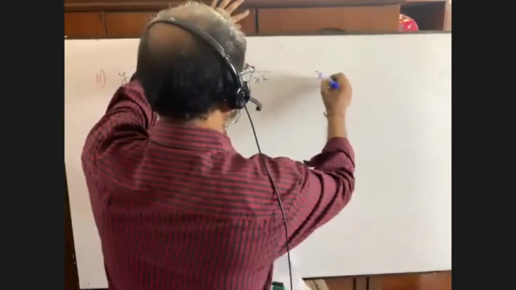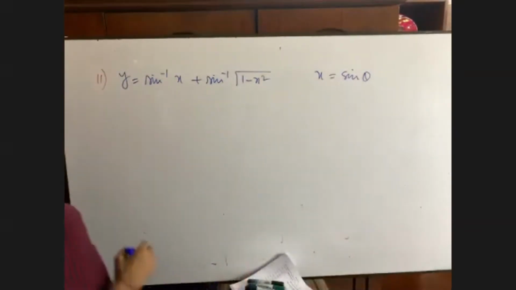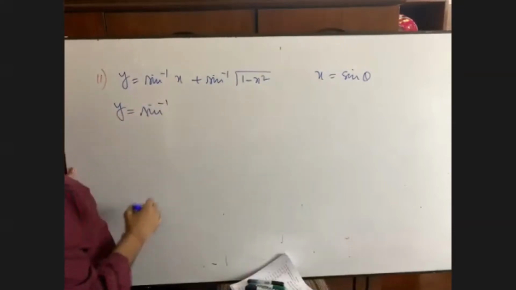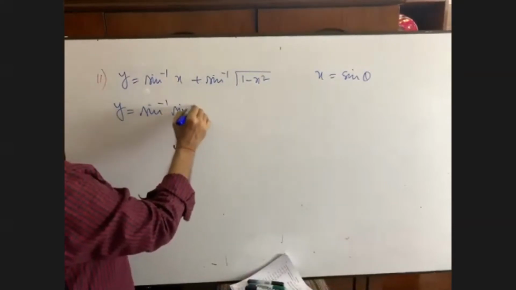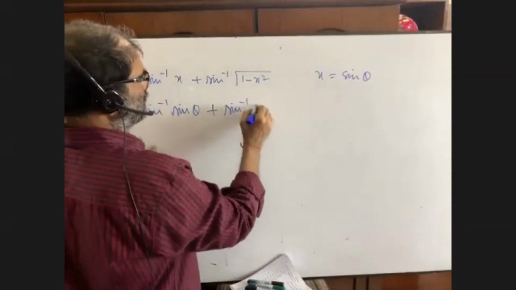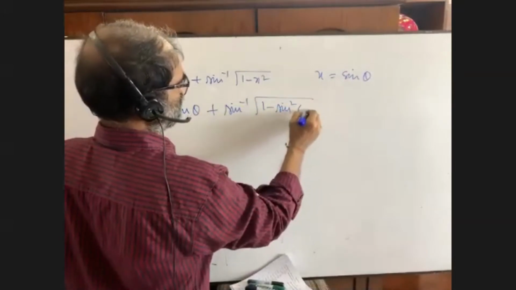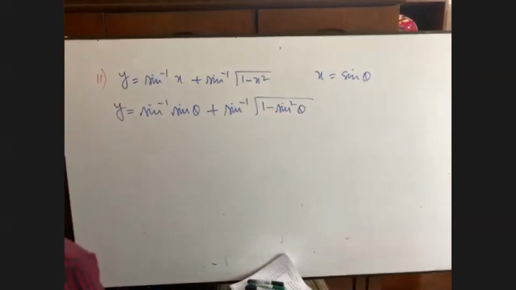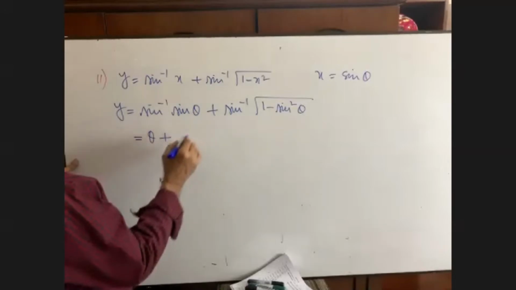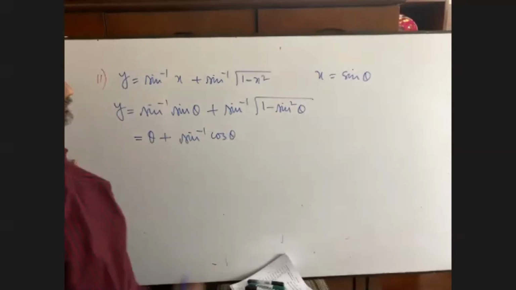It can be done in the normal way that you have come to know. x equals to sine theta. Then let me know, y equals to sine inverse sine theta plus sine inverse root over 1 minus sine square theta. So we are getting theta, and it is sine inverse cos theta, right?